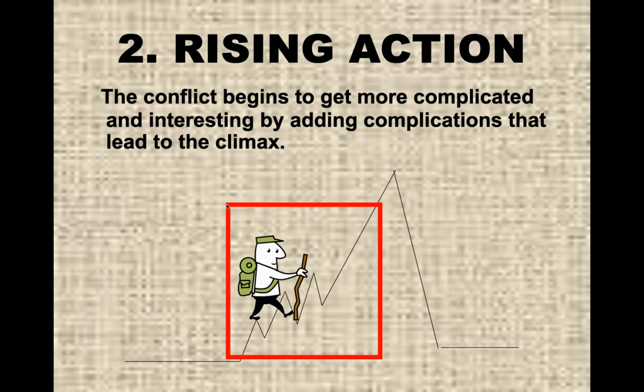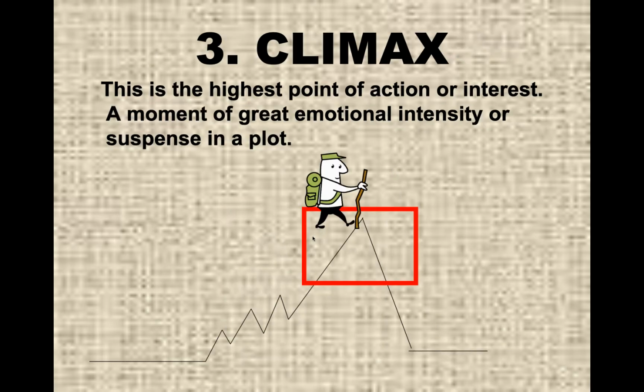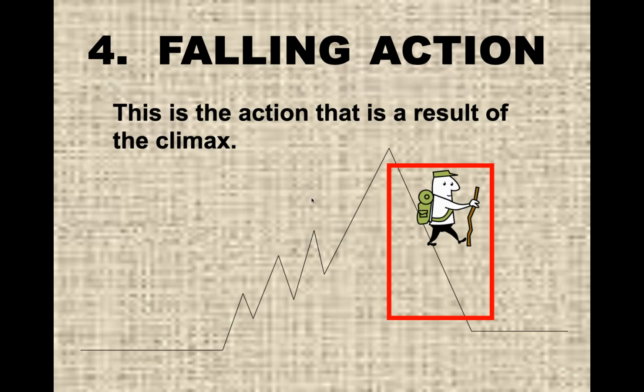And then we have the rising action, where we really start to see that conflict begin to rise. Everything gets more complicated until we finally get to the climax. The climax is where everything reaches its highest point and we start to see some resolution. You're going to see some falling action. Everything kind of starts falling down.